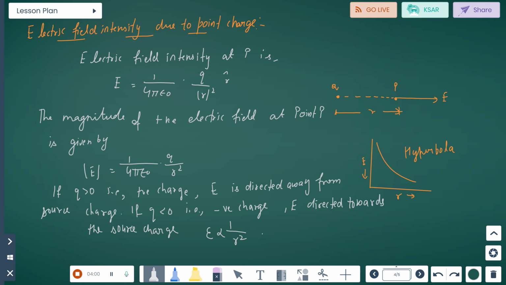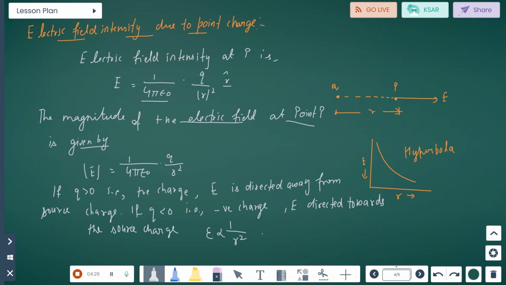Electric field intensity due to a point charge. In point charge, electric field intensity at P is 1 by 4 pi epsilon naught Q by mod r square r vector. Magnitude of the electric field at point P is given by mod E is equal to 1 by 4 pi epsilon naught Q by r square.